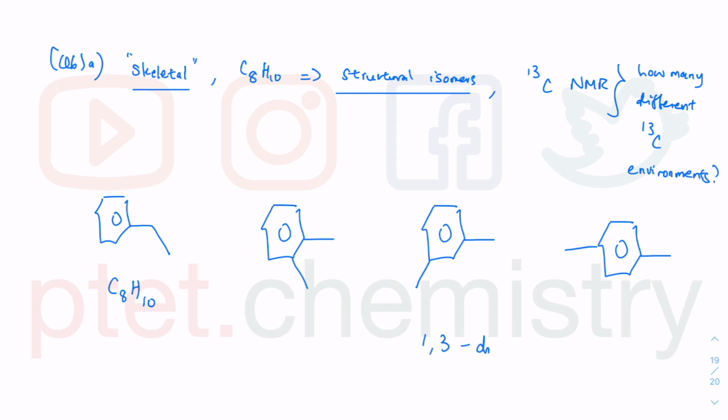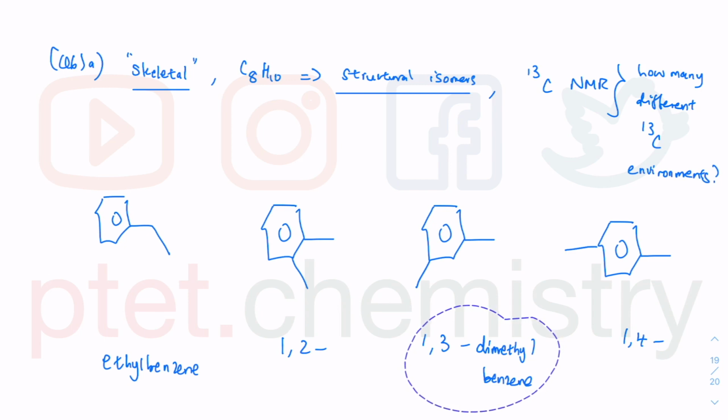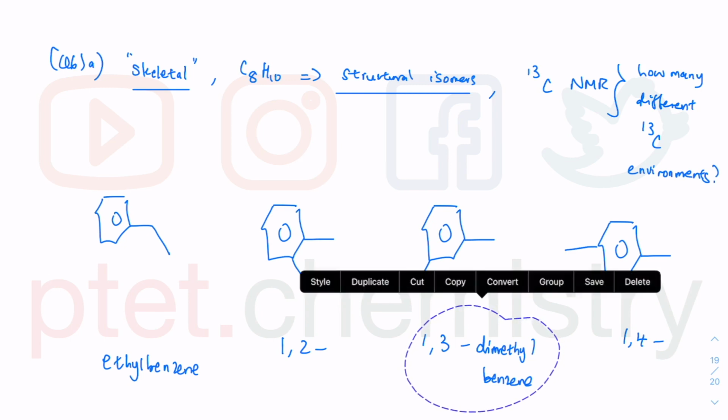It's a 1, 3 dimethyl benzene. And the other one is a 1, 4 dimethyl benzene. This is a 1, 2 dimethyl benzene. This is just what you call ethyl benzene. All of them are C8H10 obviously. I don't want to spend too much time on the names themselves.